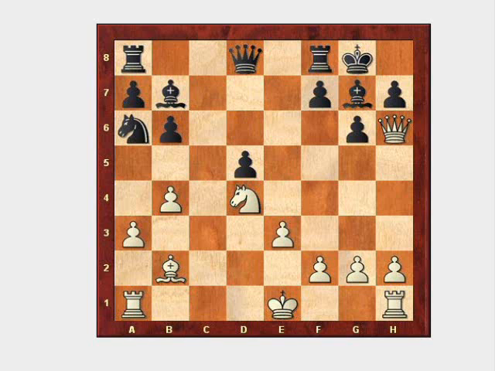If you had recognized the mating pattern with the knight on h6 and this bishop taking care of the diagonal, then you would have recognized it on this diagram as well. Strong chess players have seen so many positions and so many of these patterns that they recognize these patterns during the game.